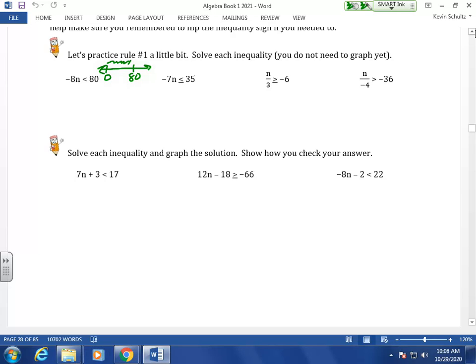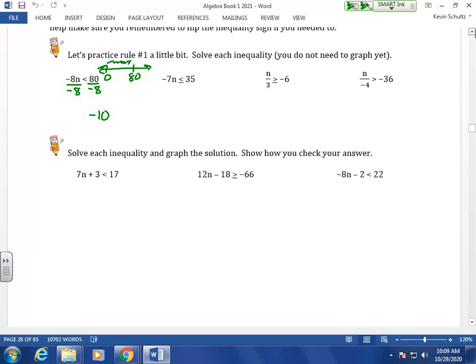In order to solve this, though, we're going to have to divide by that coefficient. And when we divide by a negative number, what happens to that 80? When we divide 80 by -8, what happens to that 80? It becomes a negative. 80 divided by -8 is -10.